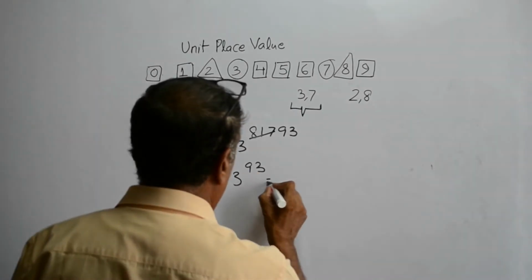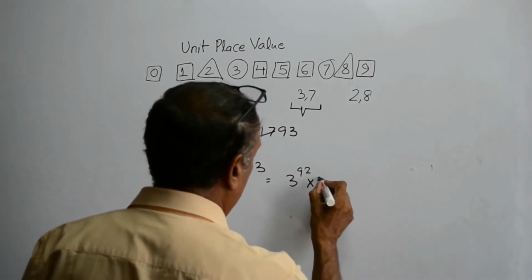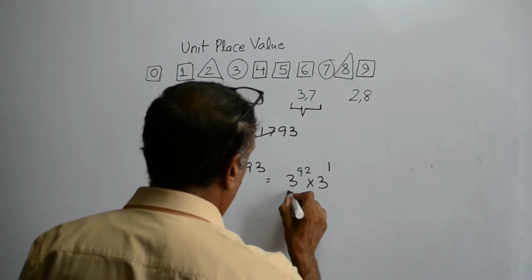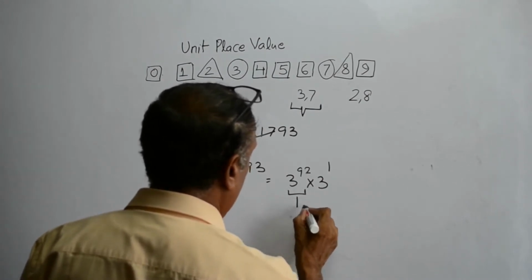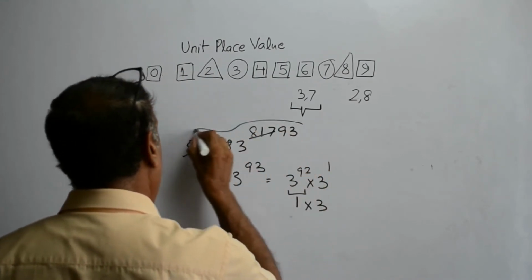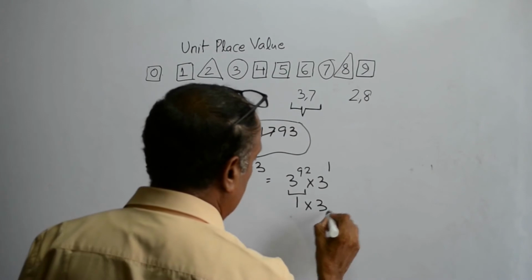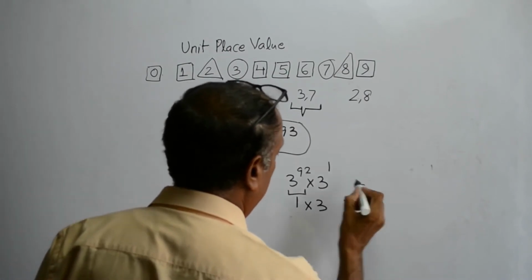It is equal to 3 raised to power 92 multiplied by 3 raised to power 1. This portion is going to give us 1 multiplied by 3. So the last digit of this expression is 3.